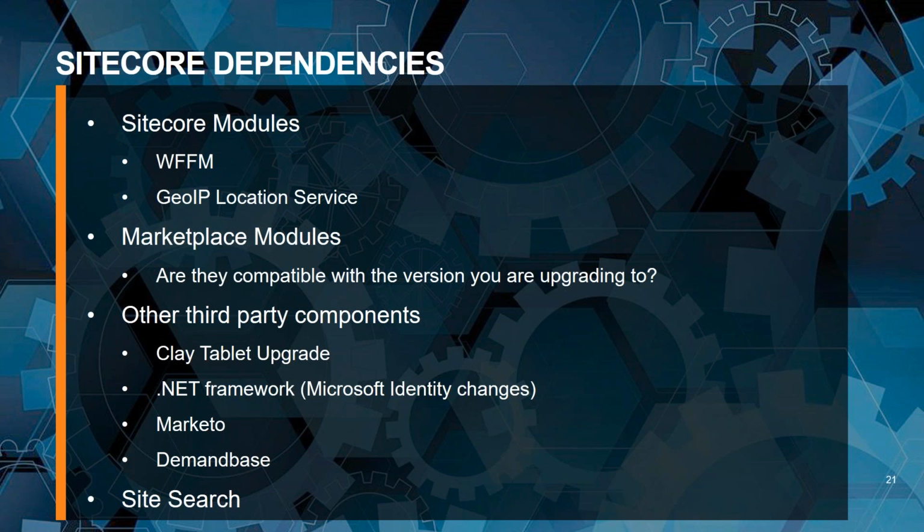Are they supported with Sitecore 9, or are they continuously managed by the marketplace team, the developers who created the product module, or is it being supported yet? If it is not supported, let's plan what the replacement is, identify the replacement, and plan for enough time if you need to rebuild that component. All of that needs to be taken care of during this planning phase.